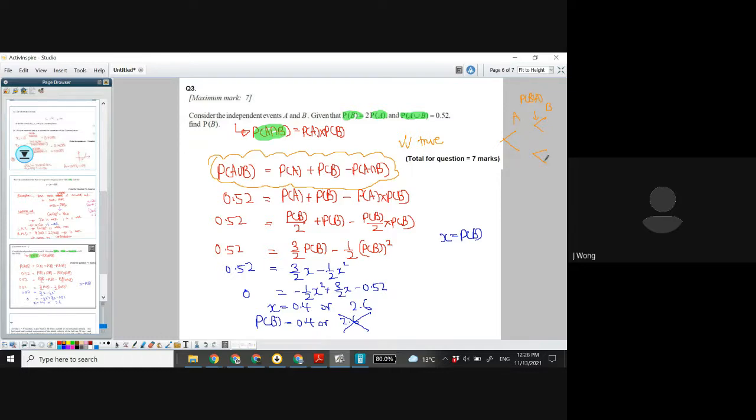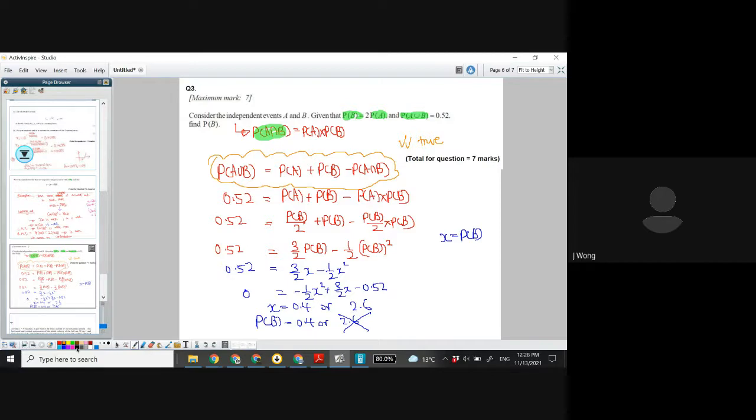So this formula that I just circled, it doesn't matter what the case is for A and B in a Venn diagram situation, be it independent or mutually exclusive, it is always true. So you could always safely use that.